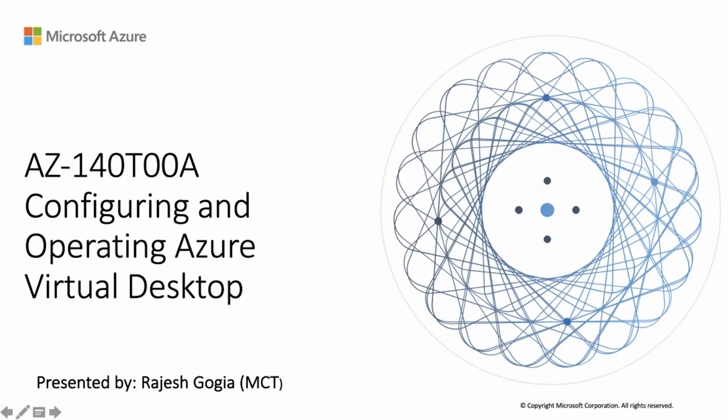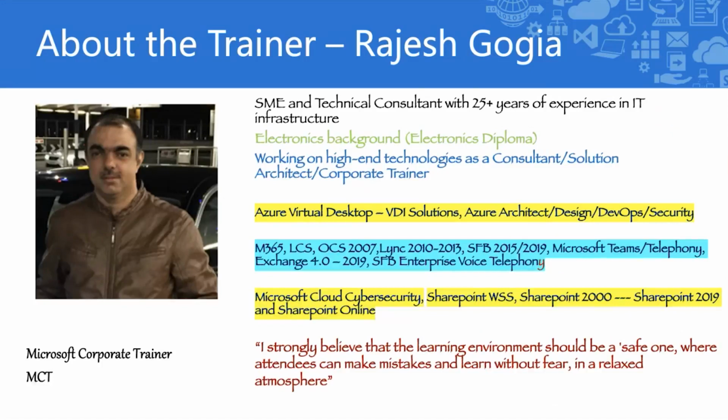Before we start, let me quickly introduce myself. My name is Rajesh, and I've been taking care of most of the products, working on Azure Virtual Desktop, Microsoft 365 solutions, Azure Architect, designing DevOps, and also cybersecurity products.